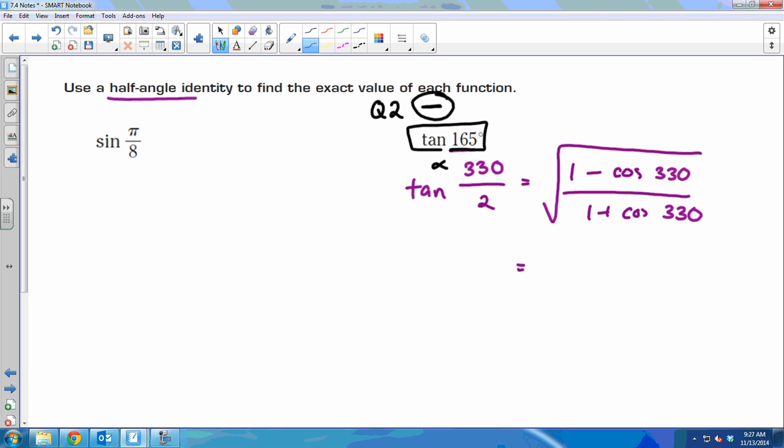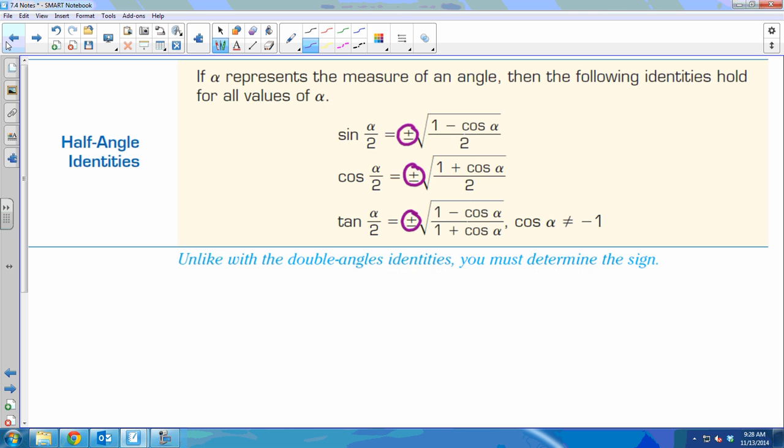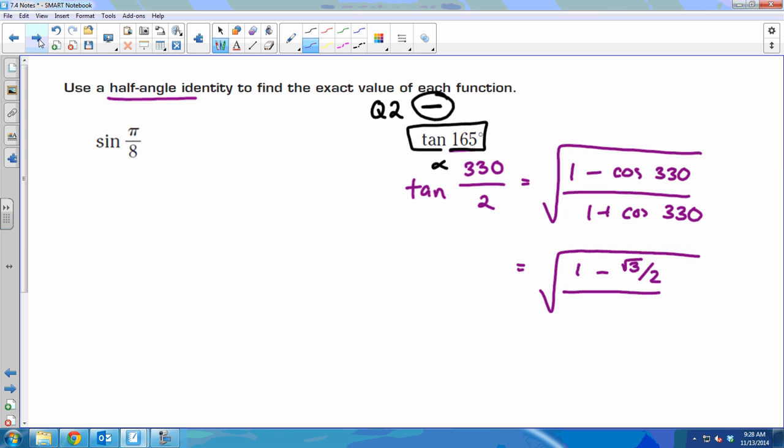What is the cosine of 330? Square root of 3 over 2. Cosine is x. That's what the identity says. So you have 1 plus the square root of 3 over 2.